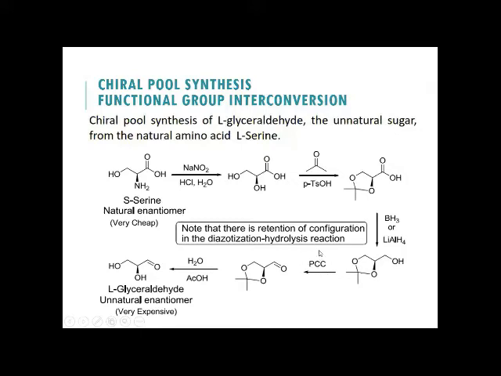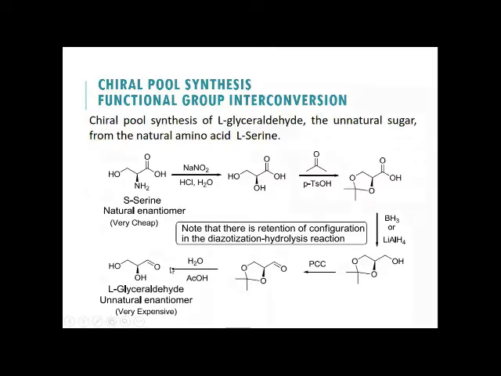After pyridinium chlorochromate, this primary alcohol is oxidized again to the keto group, and then by using water under acetic acid, the ether linkage is broken down and converted into the OH. So this is our target molecule.